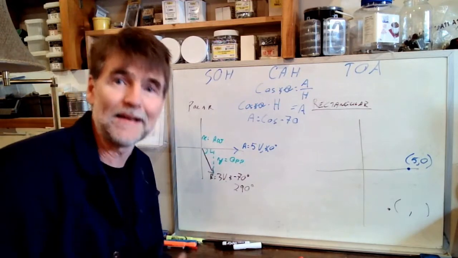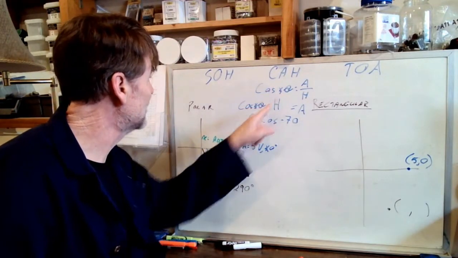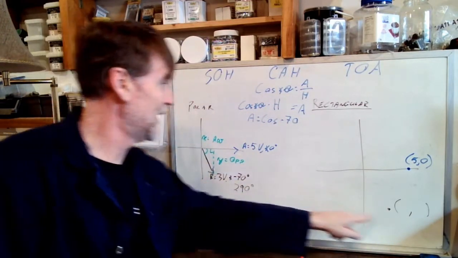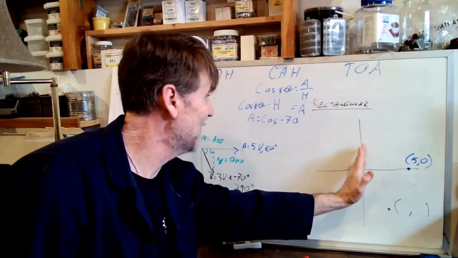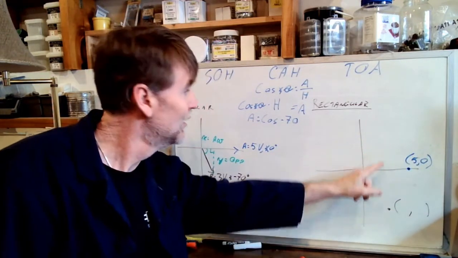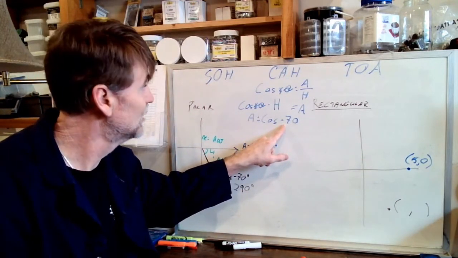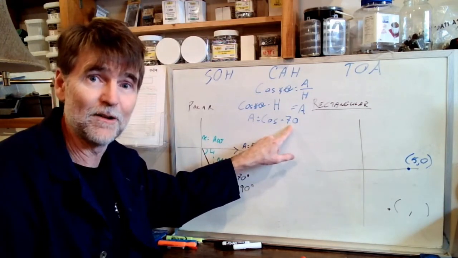Or at least it didn't make a difference. How come? Well, what are we trying to find? We're trying to find the value for x. We know that we're going to land down here in quadrant 4, and in quadrant 4 we have a positive value for x. So it turns out whether we include that negative sign or whether we don't, we still end up with a positive answer for the cos of that angle.